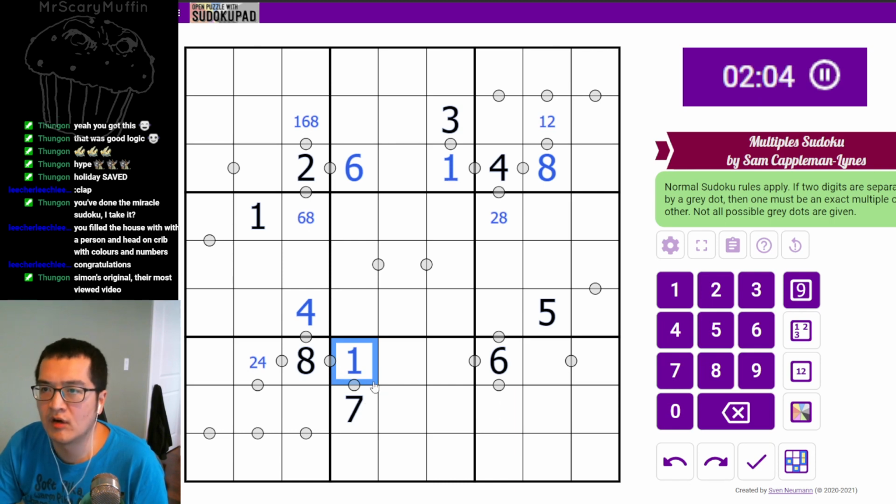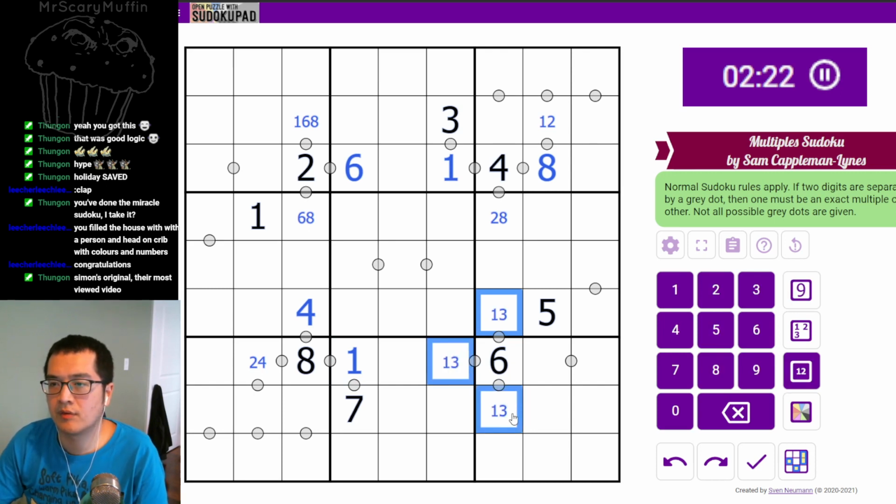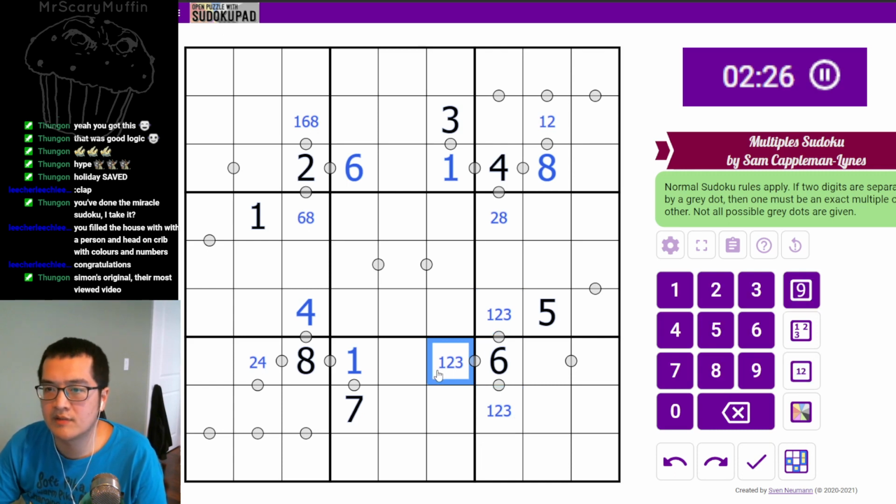Prime numbers are actually very helpful in this one because they only work with 1s. Do we have any other clues we can work with? The 6. 1, 2, 3, 4, 5, 6, 7, 8, 9. Okay. That sees everything except the 2.